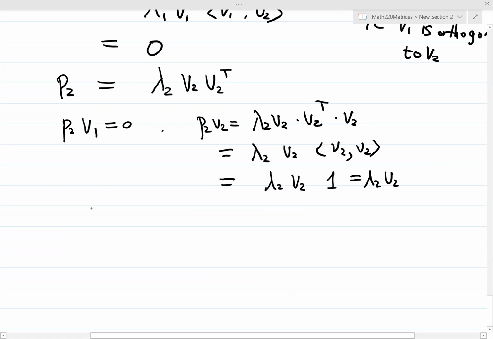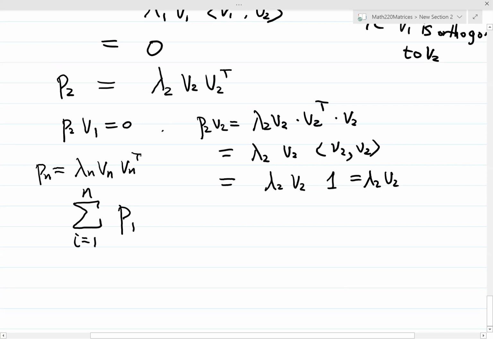So we can add all these projections together. We define P1, P2, and so on, up to Pn as lambda n Vn Vn transpose.